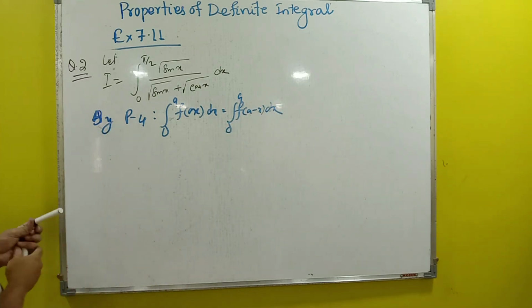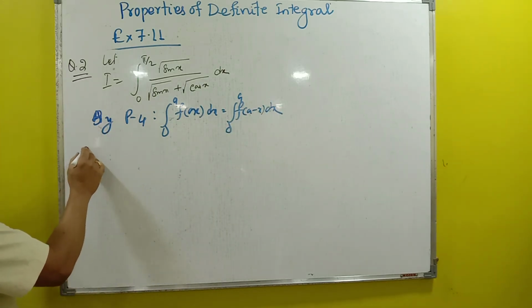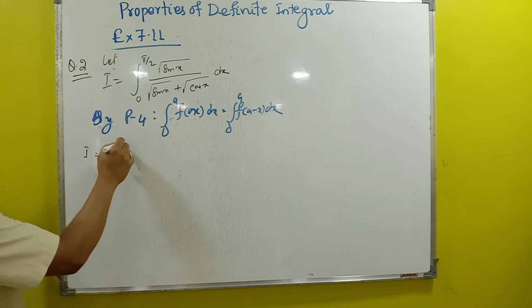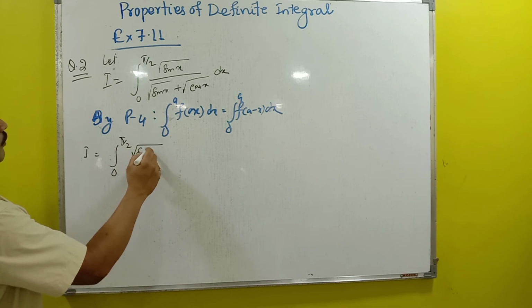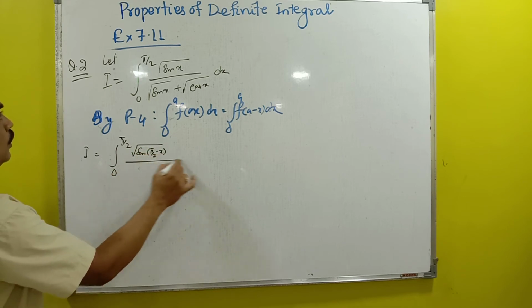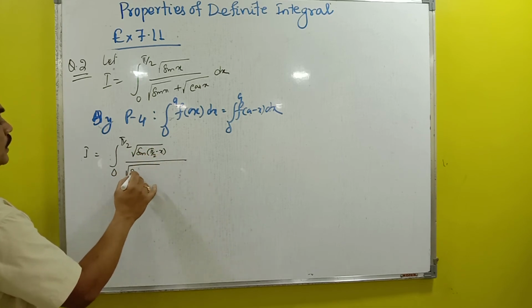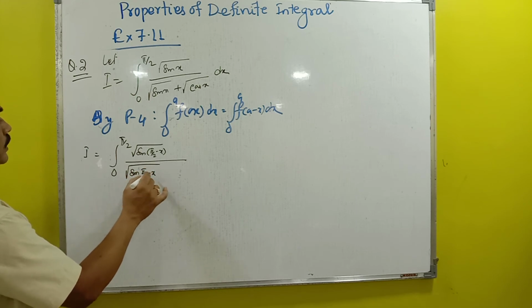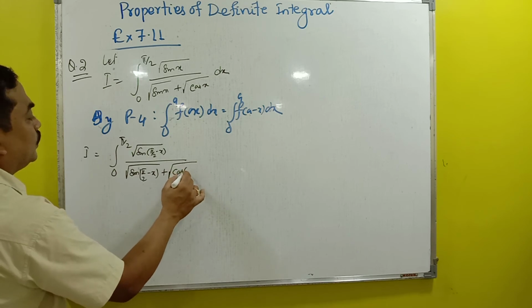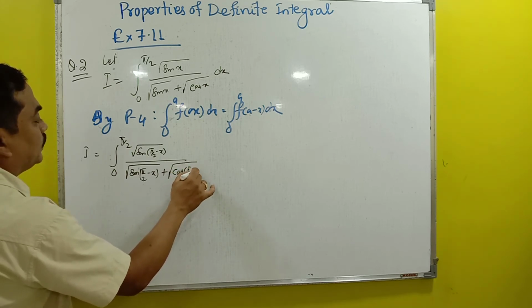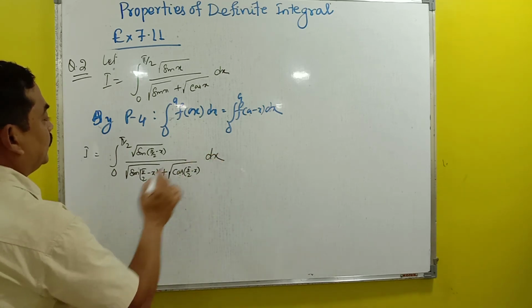By this property, what can we write? I is equal to the integral from 0 to pi by 2 of root of sin of pi by 2 minus x upon root of sin of pi by 2 minus x plus root of cos of pi by 2 minus x, dx.